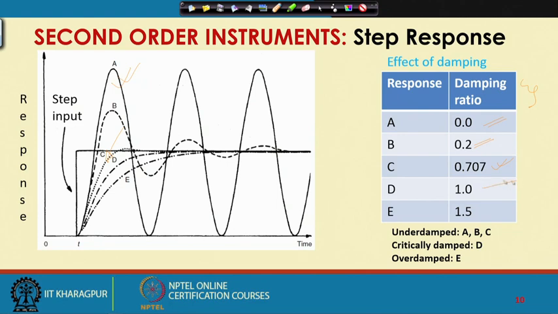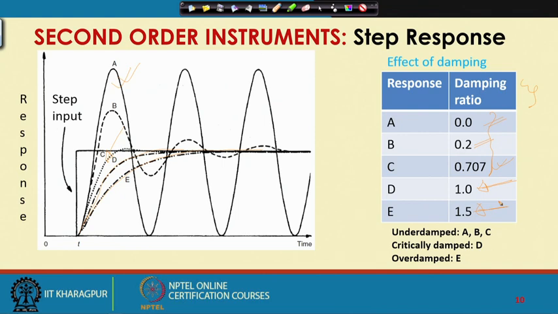This is critically damped, this is the response, and this is overdamped. This even runs below the critically damped curve. So, these three are underdamped response, critically damped response, and overdamped response.